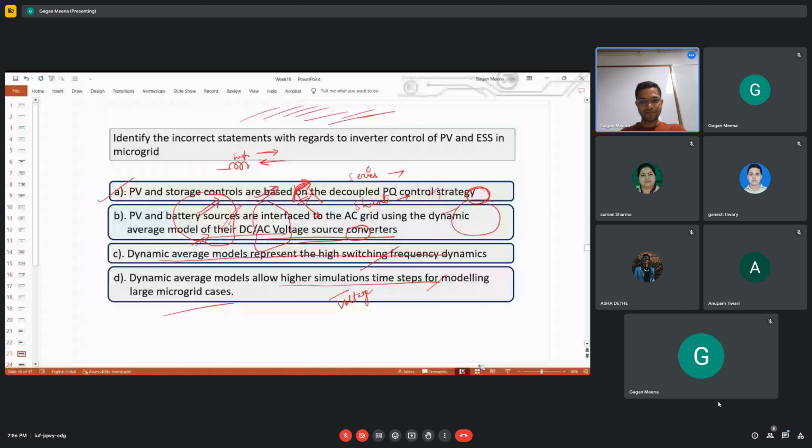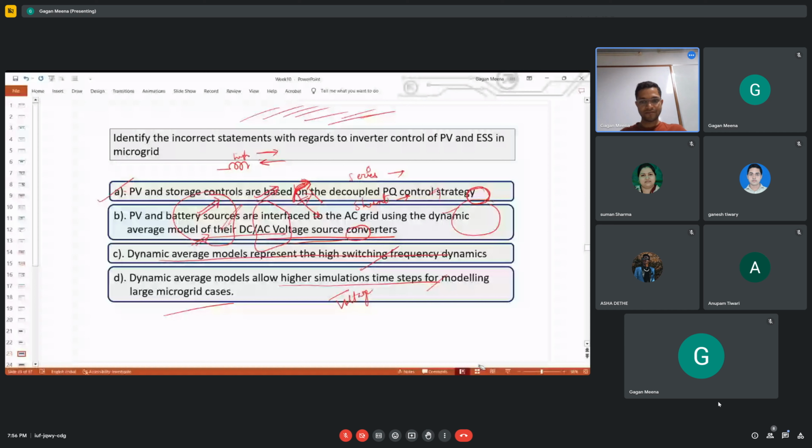So if you want to see at such small time steps, then our simulation has to work at that small time step. If you want to simulate that, then it will take time. Integration and all that has to be done at each millisecond, each microsecond. So that is computationally very intensive.